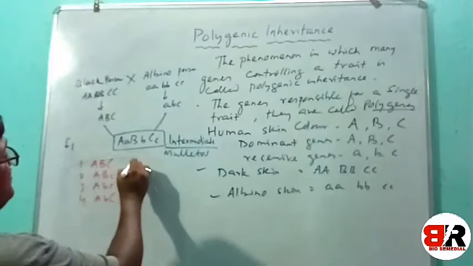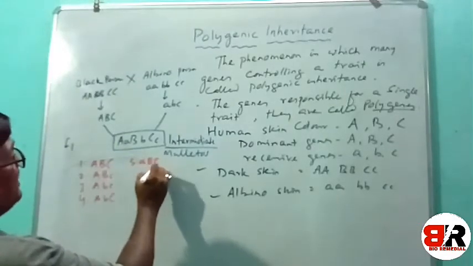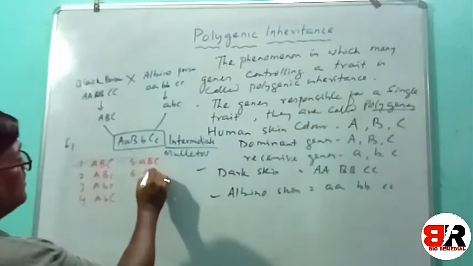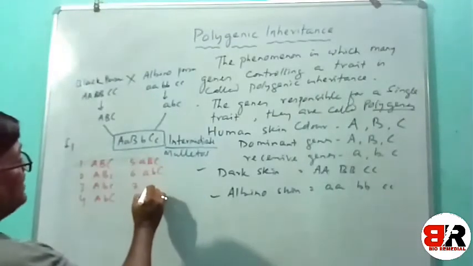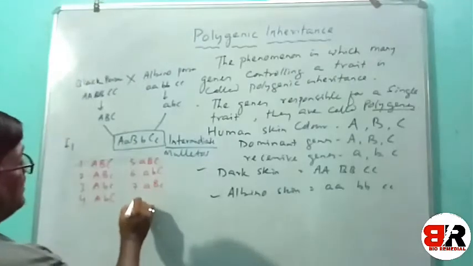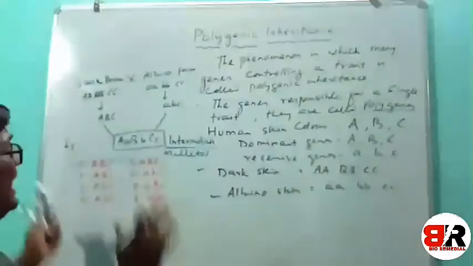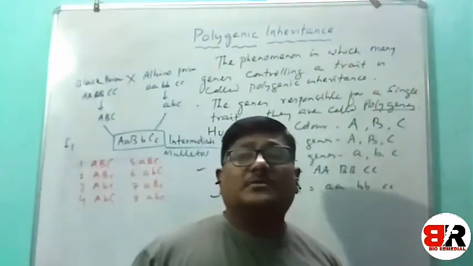The fifth one is small a with capital B, capital C, and the sixth is small b, small a, small b with capital C. Then the seventh is small a, capital B with small c. Then the eighth one is all small. So these 8 varieties of gametes can be produced from the mulatto person.